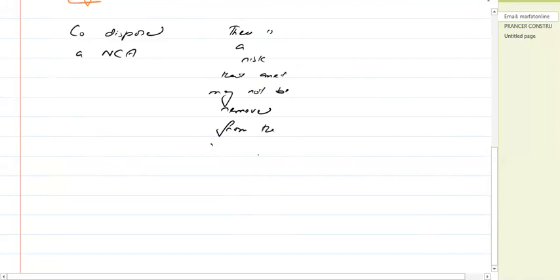This is the thing written in the exam. Now, the risk: there is a risk that the asset may not be removed from the asset register.